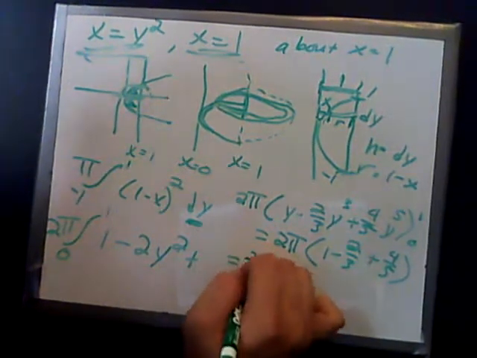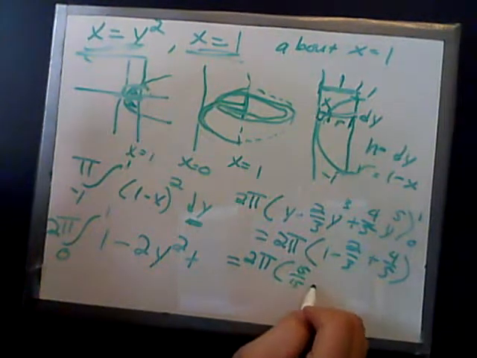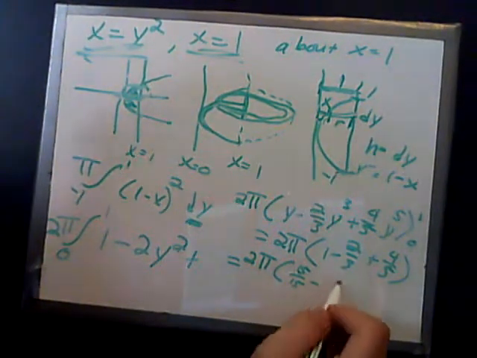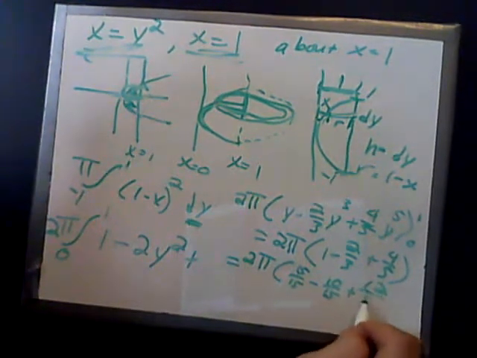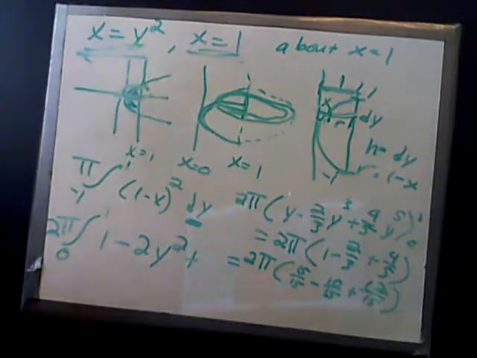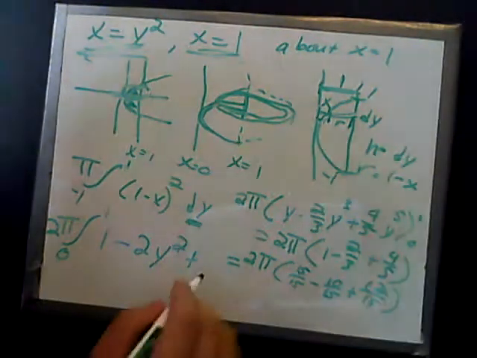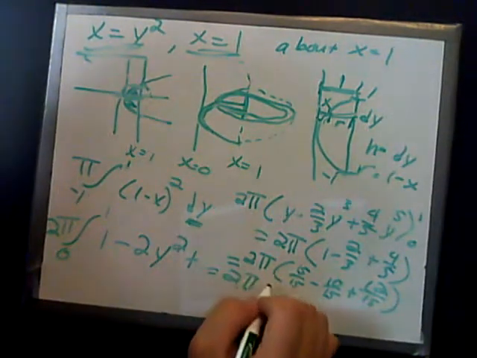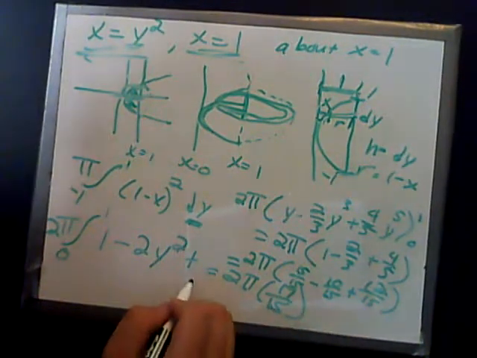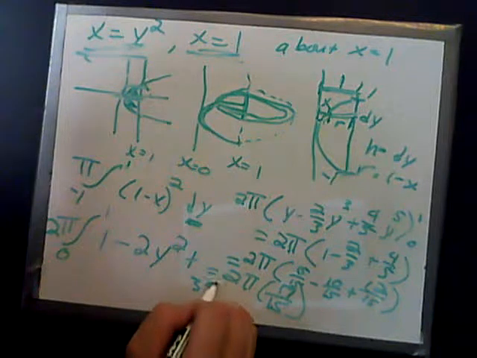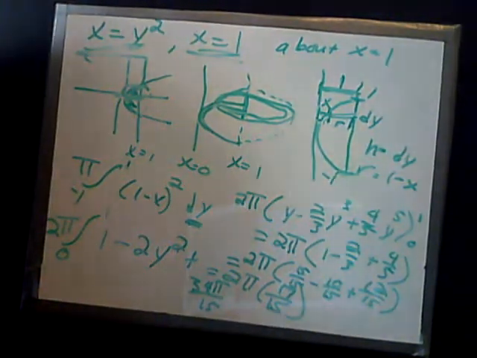So this becomes 2 pi times 15 over 15 minus 10 over 15 plus 3 over 15. And that gives us 15 minus 10 is 5, plus 3 is 8. So we end up with 2 pi times 8 over 15, or finally 16 pi over 15. And that is the final answer.